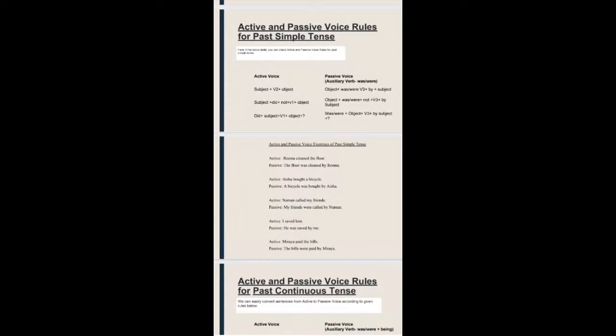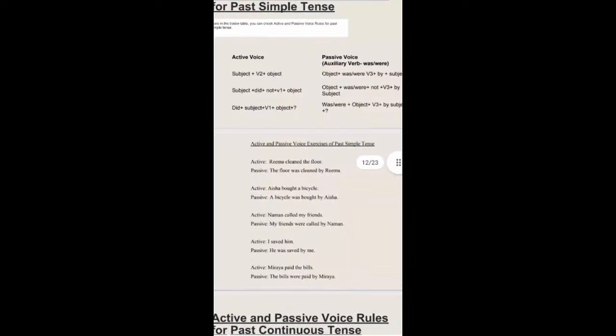Here the major change is in terms of the verb. Since it is past, most of the time you will get V2. He ate an apple. An apple was eaten by him. So it will be was, not is, and are will become were. Those are the only differences.